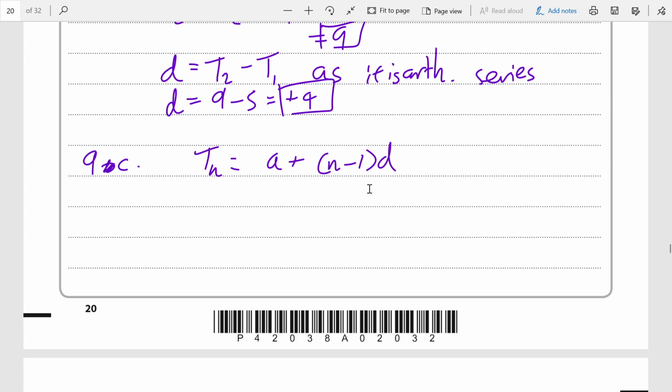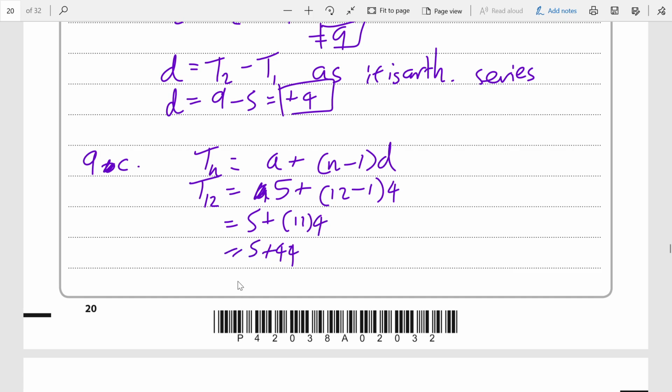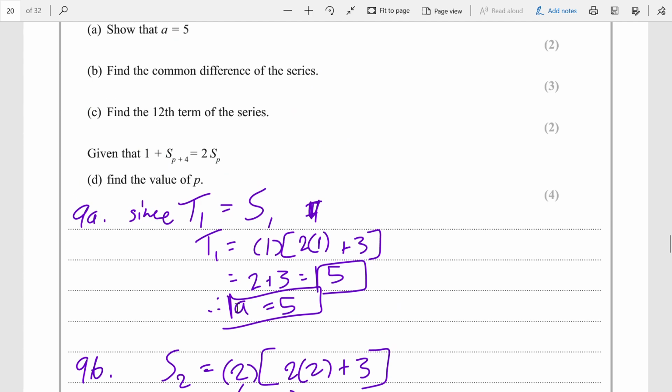Like if you're looking for the 12th term like we are, you're adding 11 common differences on from your starting point at the first term. So term 12 would be a, 5, plus (12 minus 1) times the common difference 4, which would be 5 plus 11 times 4, or 5 plus 44. And the T12 would be 49. So we'll box that as our answer.